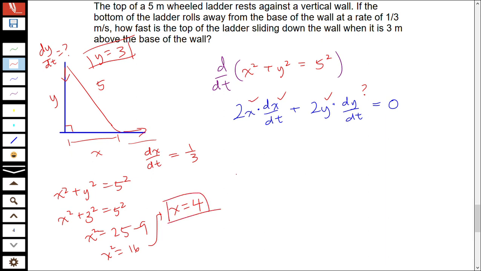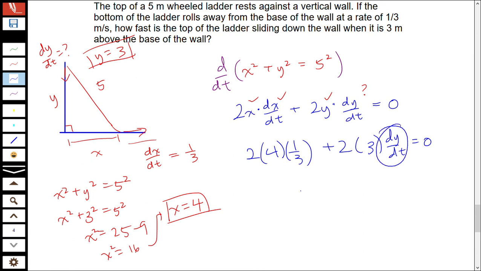So now we have everything, and we can isolate for what we're looking for. So I'm going to have my 2, and then my x value is a 4. dx over dt, that's 1 over 3. Plus 2, and then y is my 3. And then they're asking for what's dy over dt. That's equal to 0. So let's isolate for this. So I have my 2 times 3 times dy over dt.